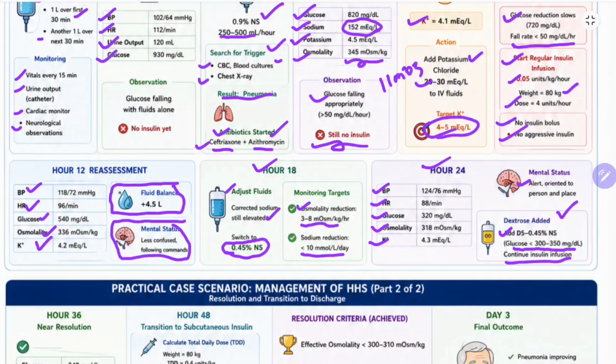Continue insulin infusion. In DKA we added D5 when glucose fell below 250, but in HHS we add D5 whenever the patient is on insulin and the glucose level has fallen below 350. Remember, less than 350.